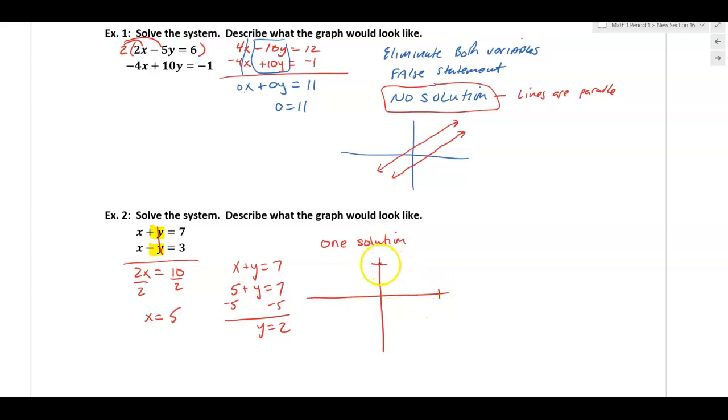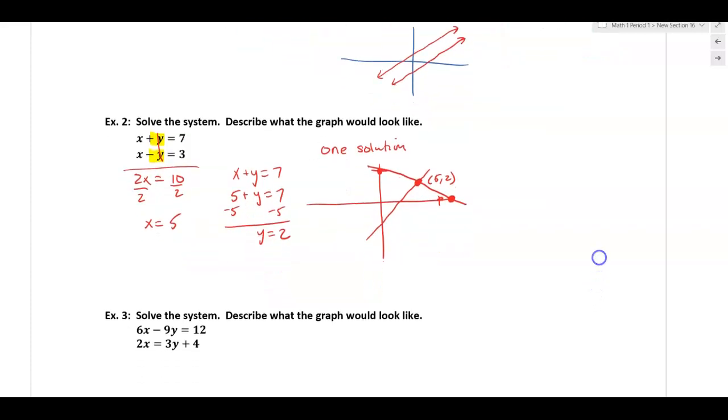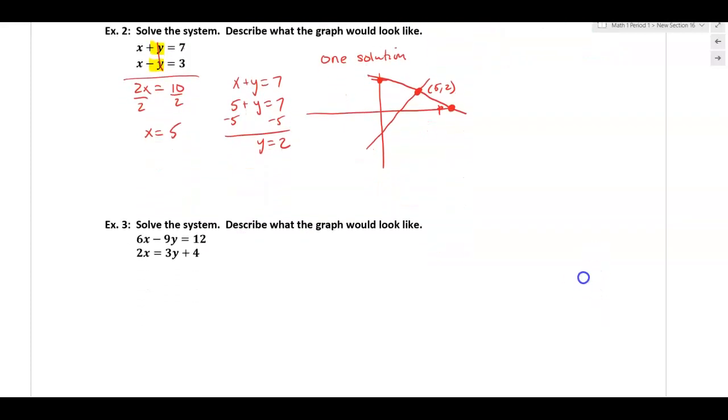So here, I would have like this line here. Then I would have the other line like this, and that intersection point would be at the solution, which is 5, 2. So the second possibility is to get one solution.